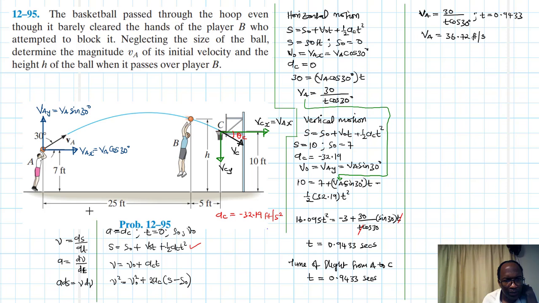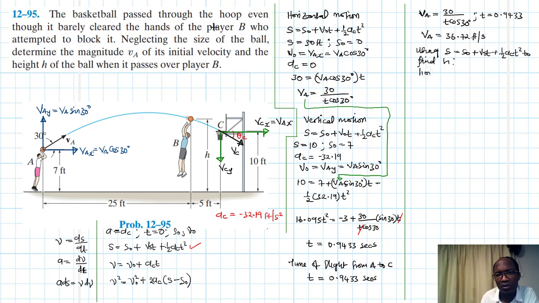We need the time that it takes from A to B. Again, using S is equal to S naught plus V naught T plus half AC T squared to find H.